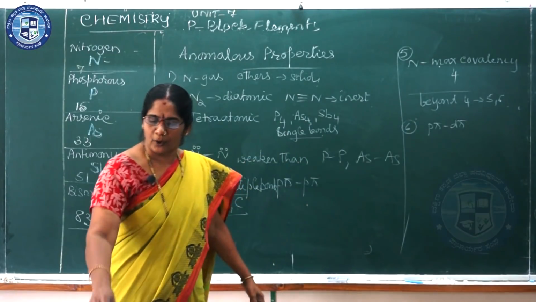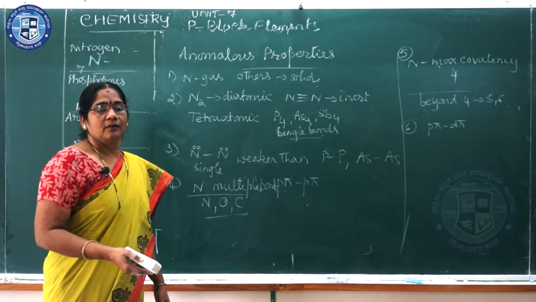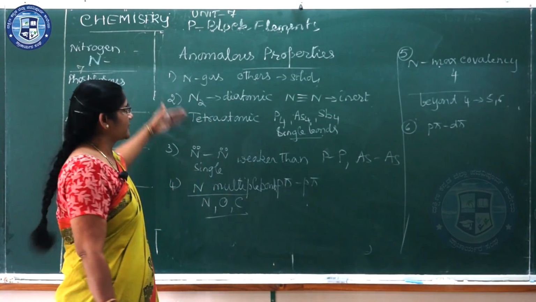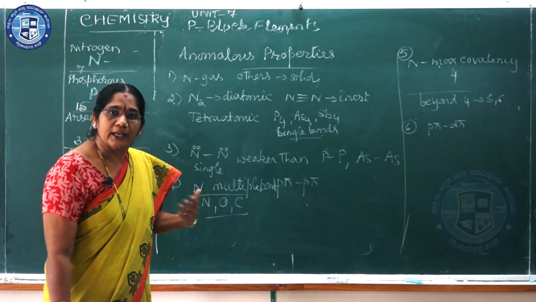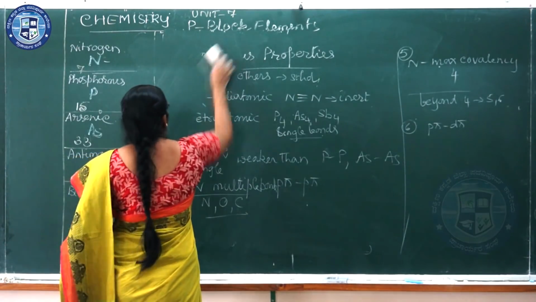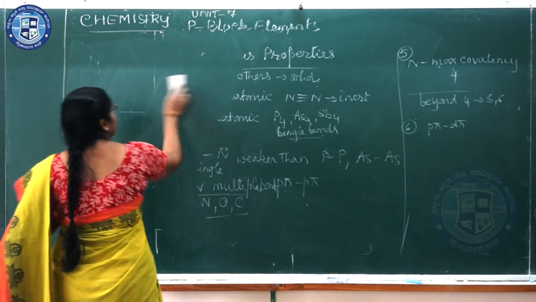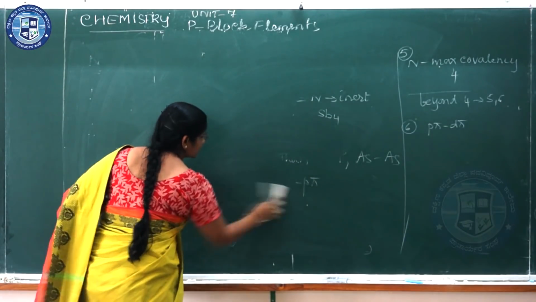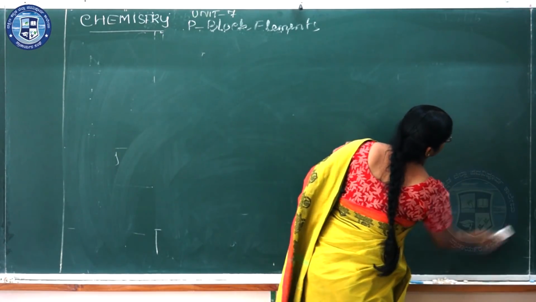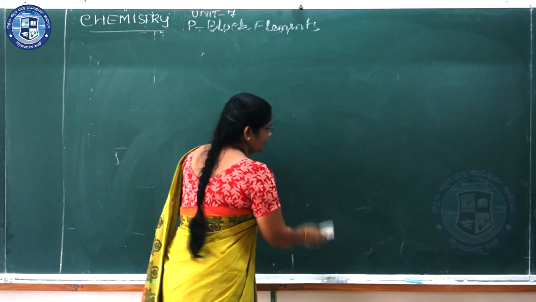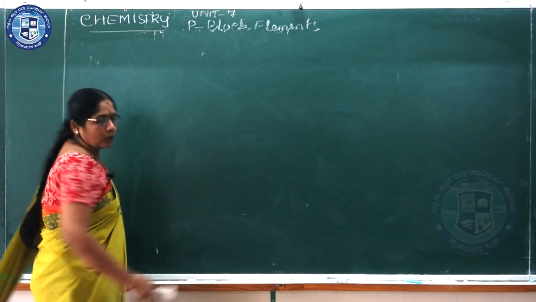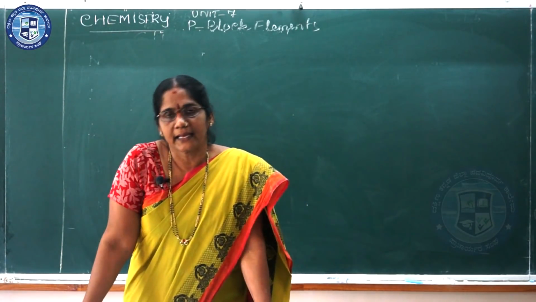So these are some of the properties of nitrogen which are quite different when we see the properties of other elements, and this is called the anomaly observed. And the reason for all these is the small size and high ionization energy, high electronegativity. So this is about the general study of group 15 elements.